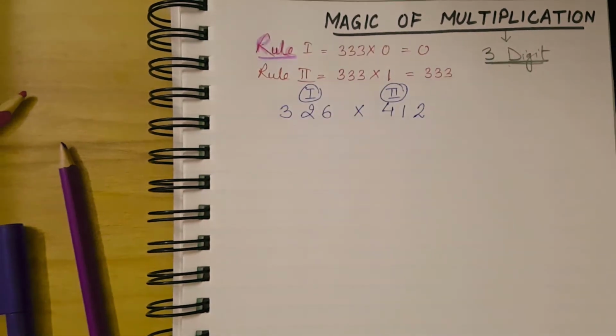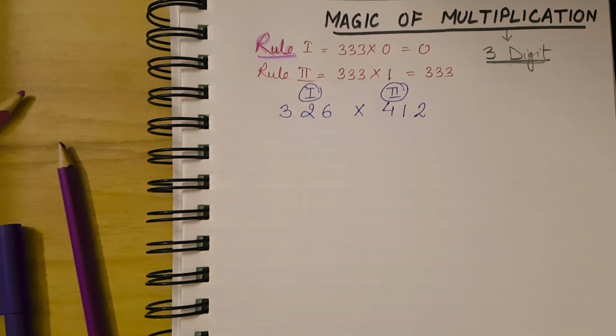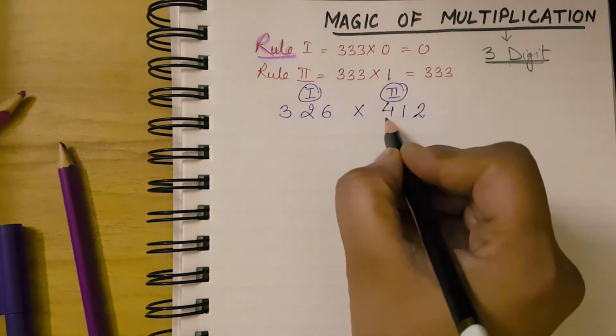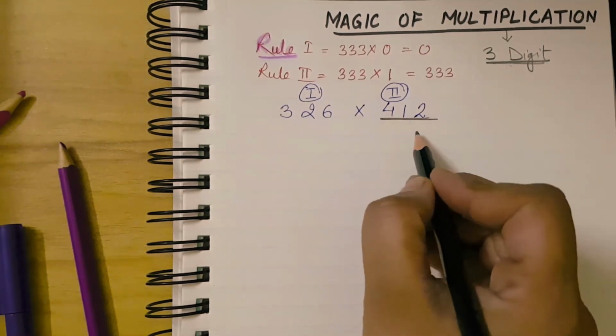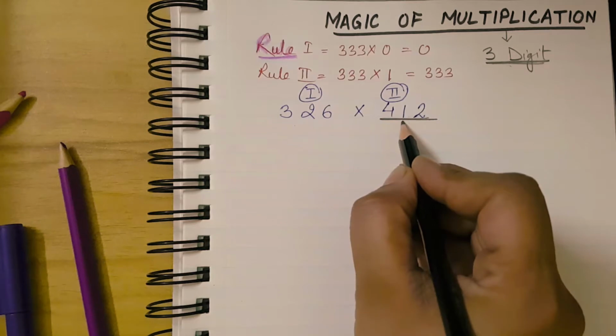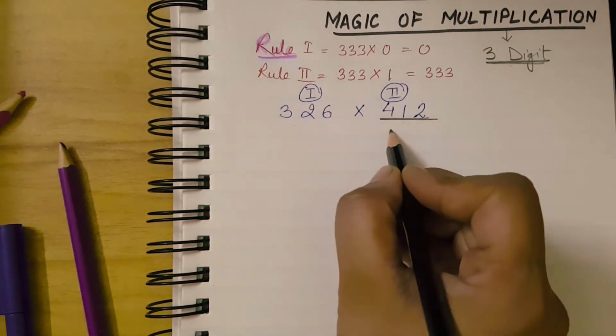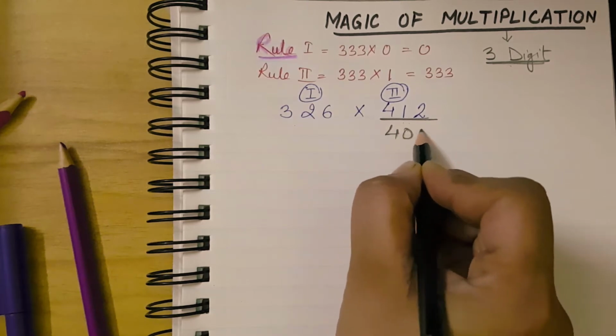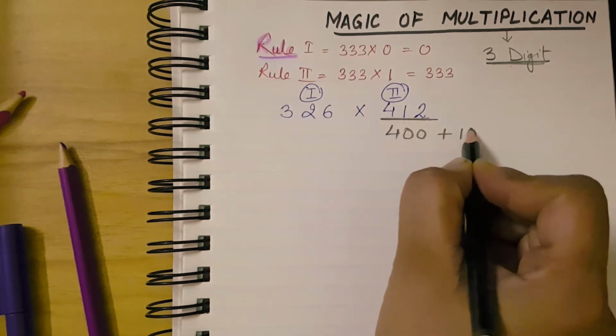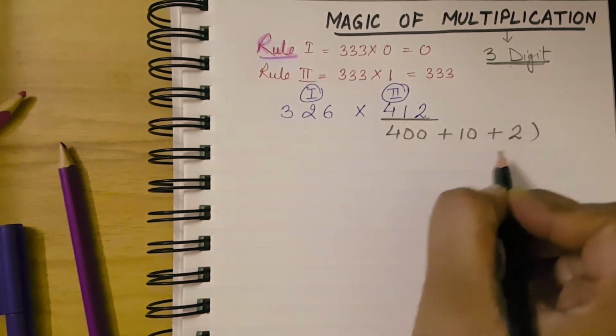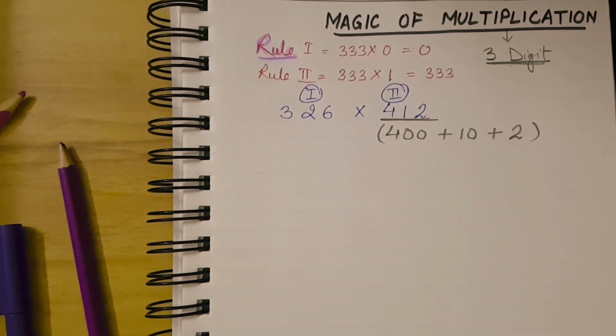Now, to solve easily, what you will do is take the second number and write down the expanded form of that number. Yes, you know expanded form: 400 plus 10 plus 2. This is the expanded form of that number.